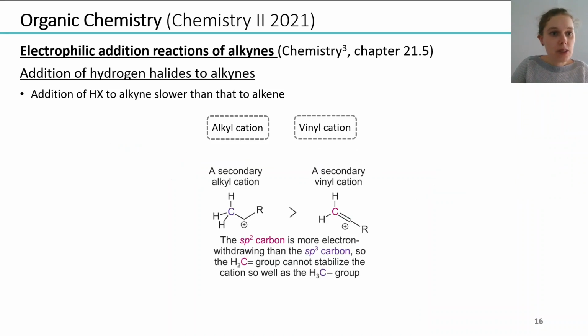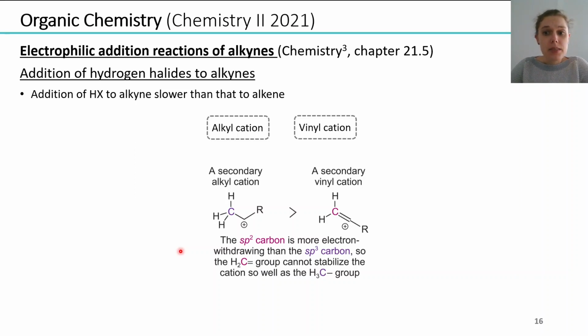To answer this question, we have a closer look at the stability of the vinyl and the alkyl cation. The vinyl cation is the intermediate if we have a carbon-carbon triple bond, and the alkyl cation is the intermediate if we have a carbon-carbon double bond. The vinyl cation is less stable than a similarly substituted alkyl cation.